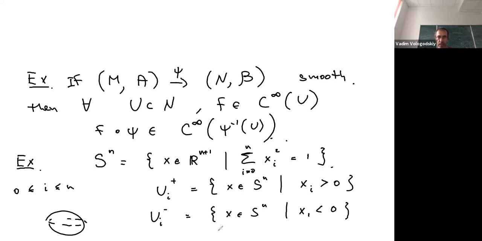Then for every i, we have a natural homeomorphism between Ui and the open disk D in Rn, where D is the set of vectors y in Rn with absolute value of y less than 1.